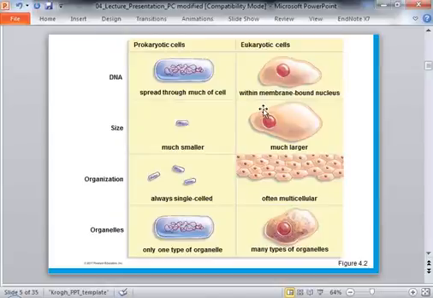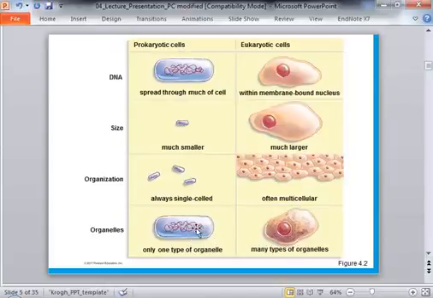Prokaryotic cells are much smaller than eukaryotic cells. Prokaryotic cells are only parts of single-celled organisms, whereas eukaryotic cells can be part of multicellular organisms. There are single-celled eukaryotes, though, mostly protists.